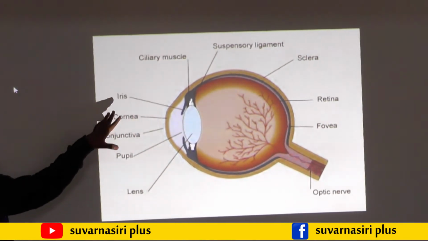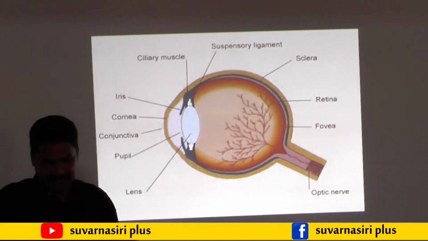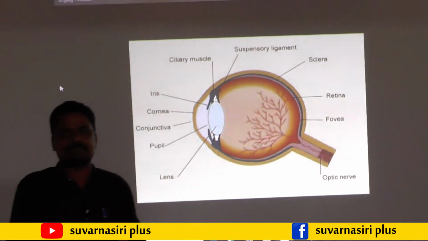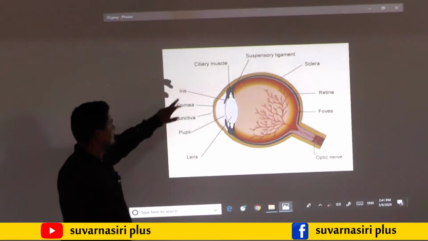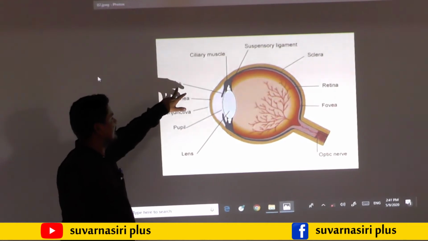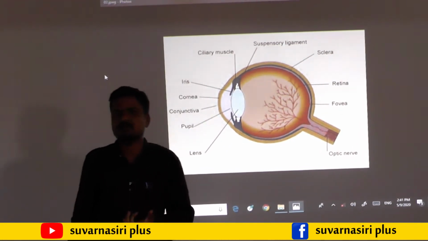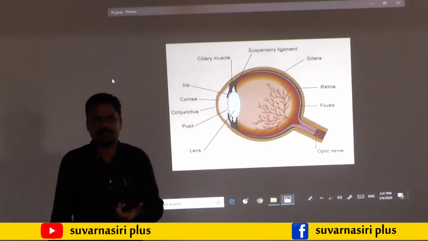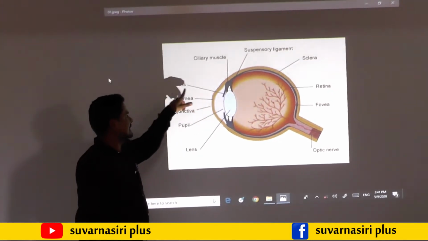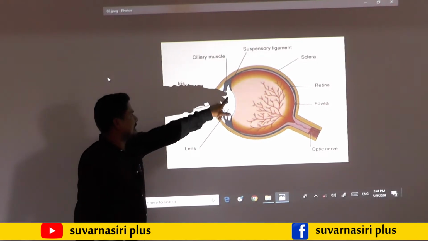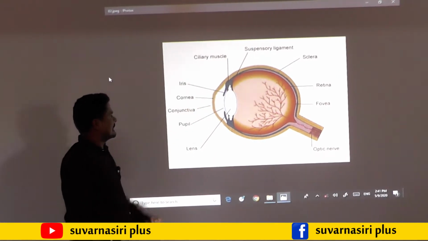So here, iris: we see different colors of eyes because the color of the iris depends on the person. Sometimes we see brown colored eyes, sometimes black colored eyes, because of the iris. And there is a crystalline lens.